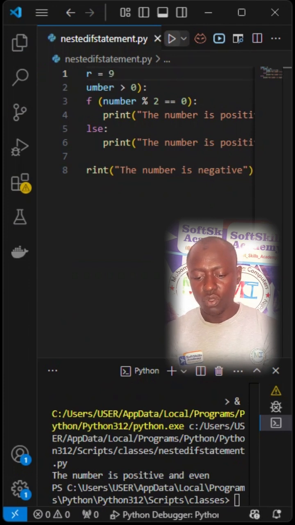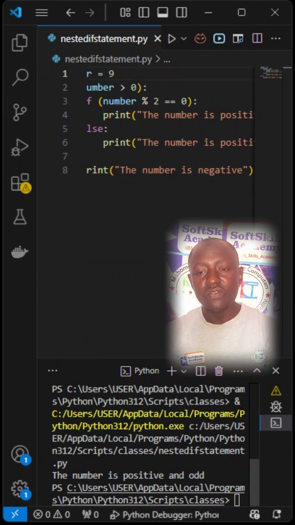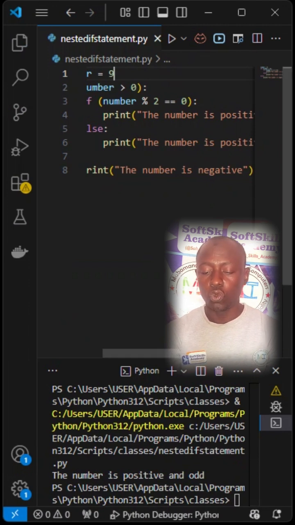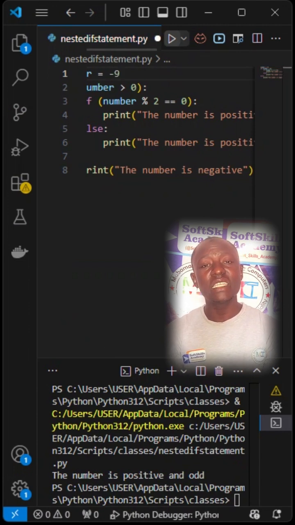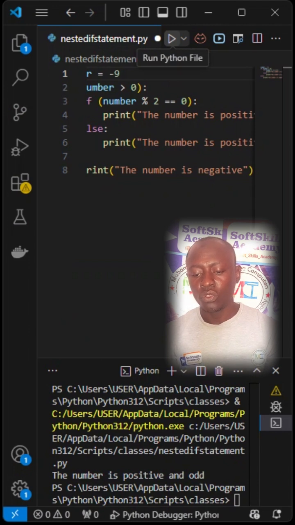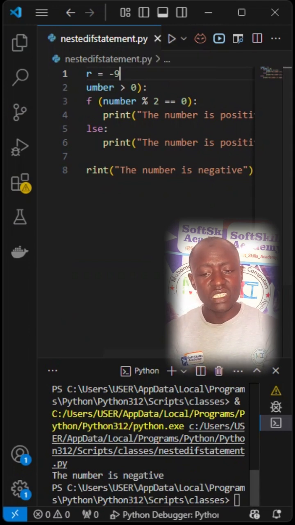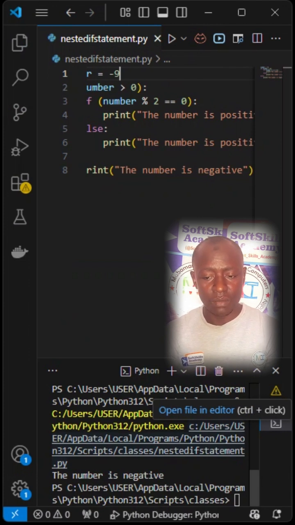It's going to be: the number is positive and odd, because it's not divisible by 2. Again, if we change this maybe to -9, because -9 is definitely less than 0, you see now, the number is negative. So this is the real world example of how our nested if statement is working.